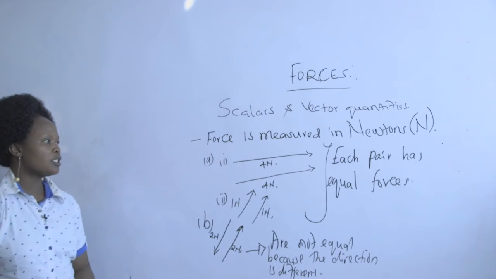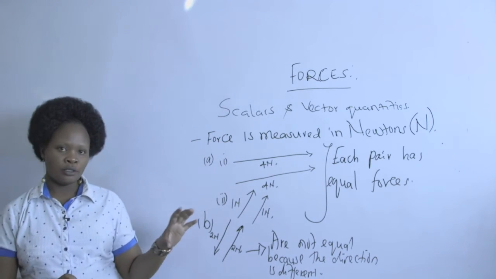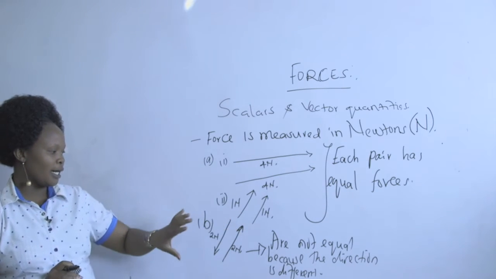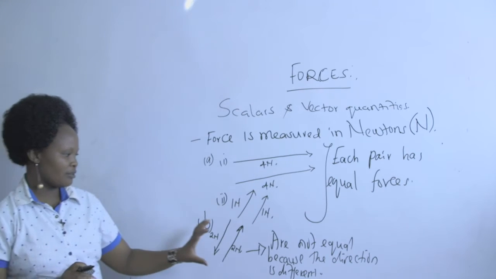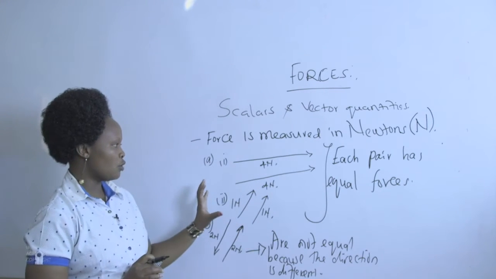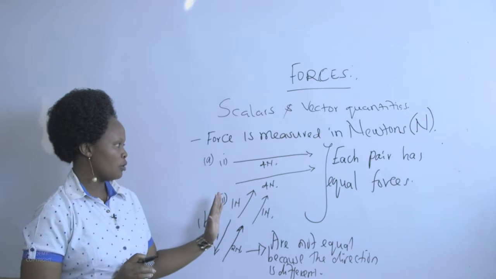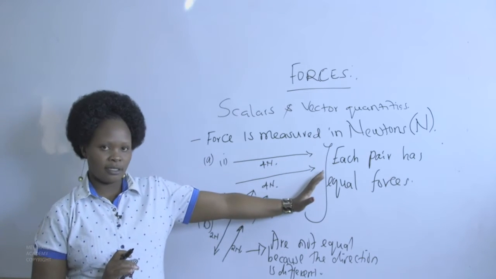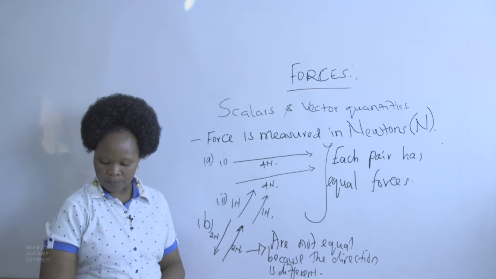So for a vector quantity, make sure you represent it using a number, a unit, and direction. And for you to consider two vectors to be equal, let them have the same magnitude and act in the same direction.